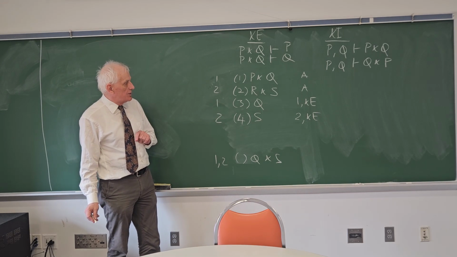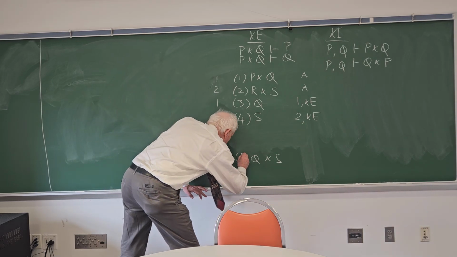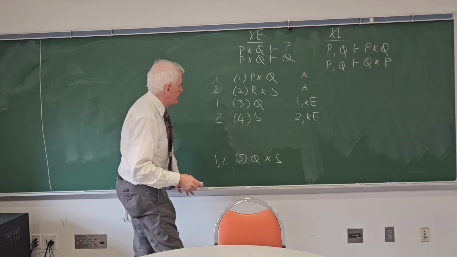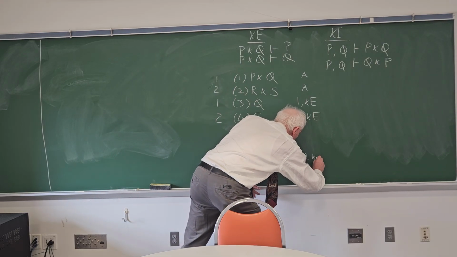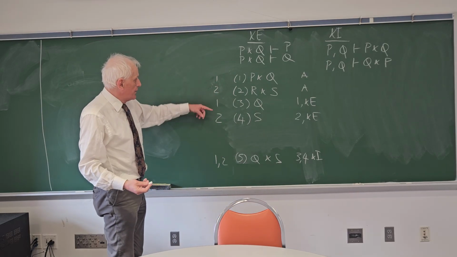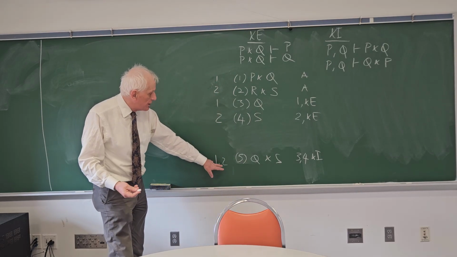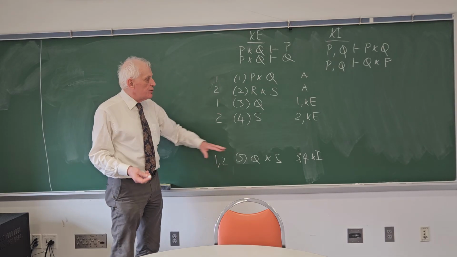And then we put them together using the other rule, ampersand introduction, and this says here 3, 4, ampersand introduction. 3 rests upon 1, 4 rests upon 2, so our assumption set is 1 and 2. So this is a proof.